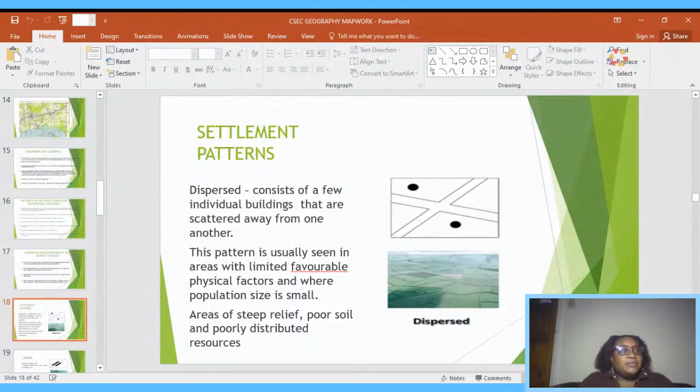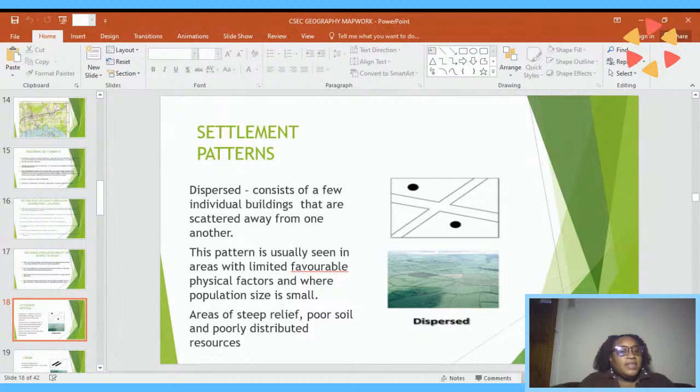So we're going to go into the settlement patterns. When you're looking at settlement patterns, I think last day we started looking at them. I'm not too sure, but you have three main types. You have dispersed, linear, and nucleated. Remember, we spoke about dispersed being where you have individual houses or buildings located far away from each other. It's not really clustered, and there are no favorable conditions that allow people to locate in that area.